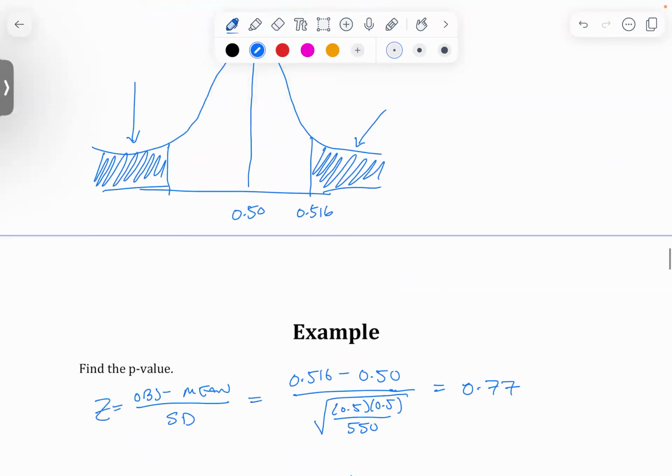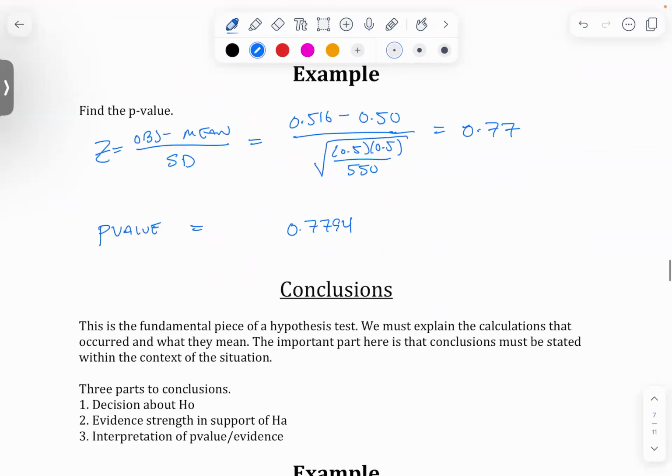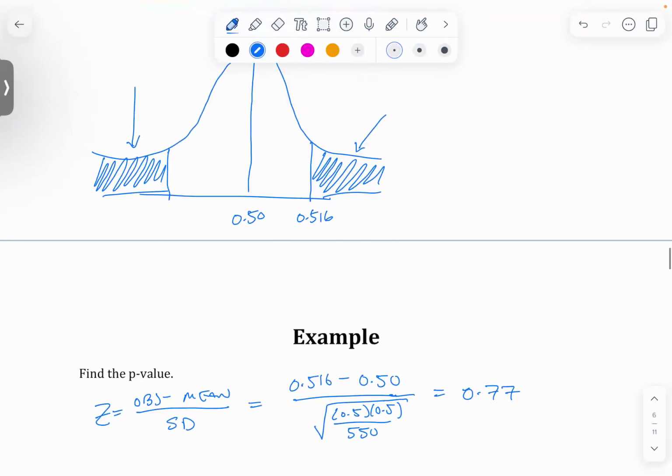Now be aware, that was a left area. So what we actually just found was the area to the left of 0.516, which means we need to do 1 minus in order to find the area to the right, which is about 22%.